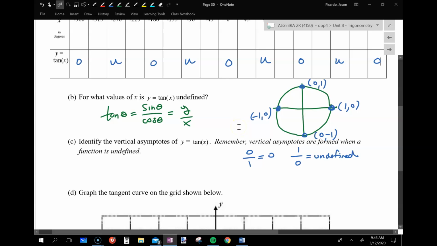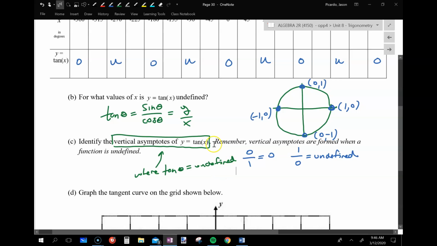It means you can't be that, right? It means it doesn't work, right? It means it's bad math, right? So what we're going to do is we're going to have vertical asymptotes. I'm going to show you guys what that is in the picture in a minute. But this is where tangent is undefined. We have vertical asymptotes.